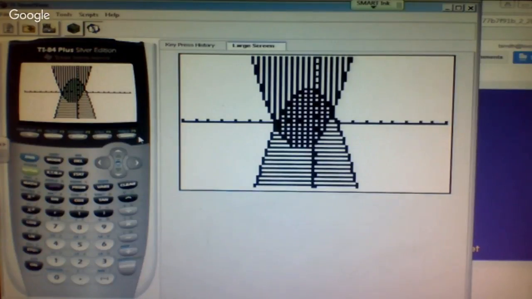Your graph should look something like this. Again, your solutions are in that overlapped region. Draw yourself a rough sketch of what this looks like.